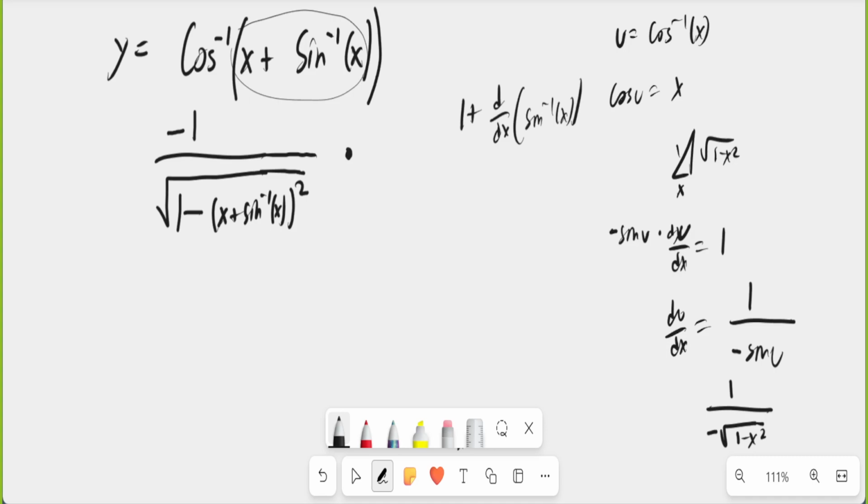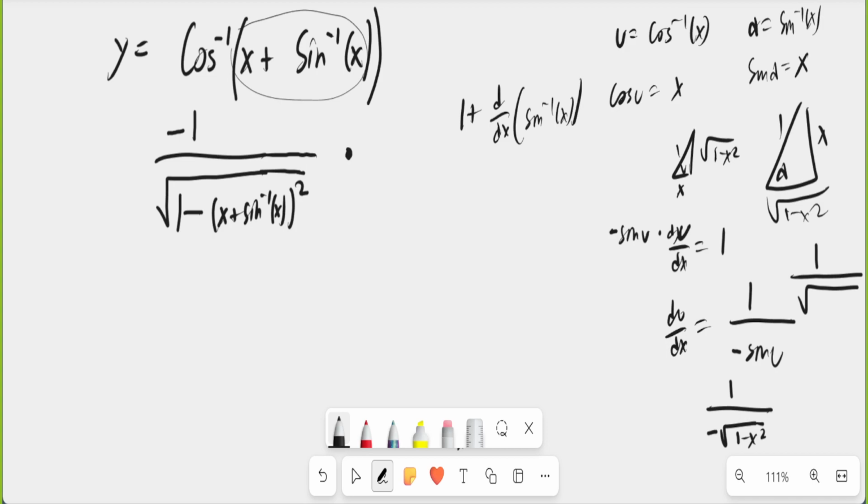So the derivative of sine inverse x is, let's say a is equal to sine inverse x. So sine a is equal to x. So we make a triangle, a, x, 1, square root 1 minus x squared.